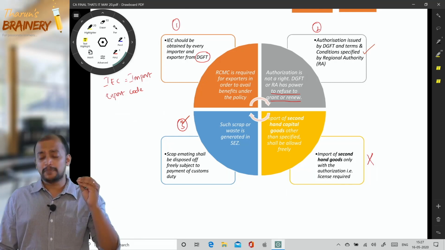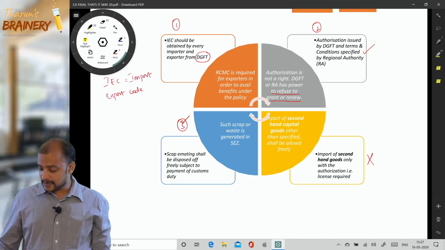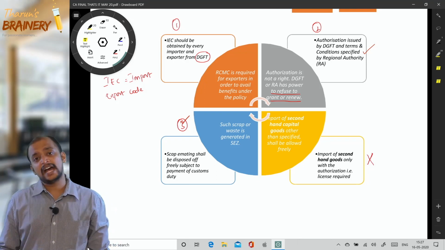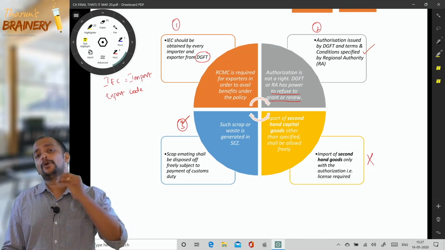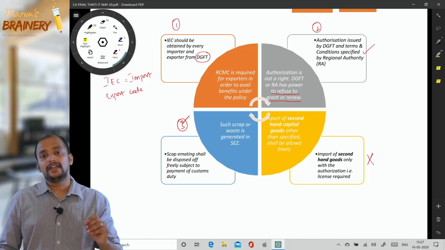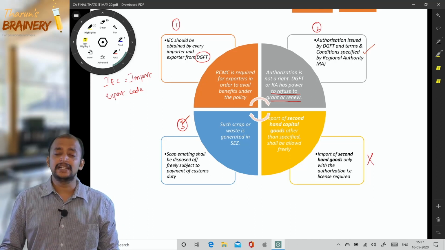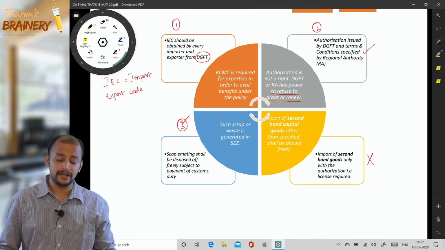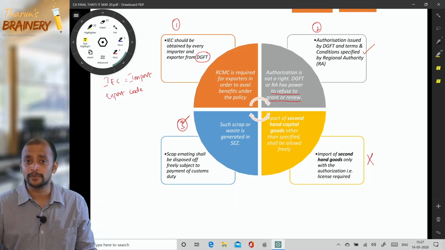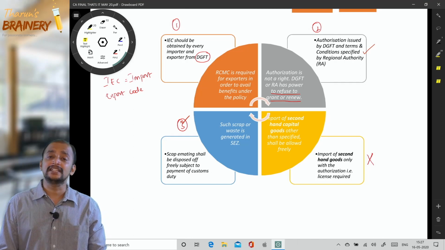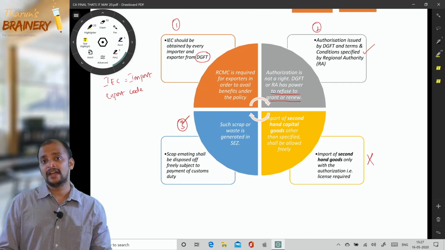Now, there is a special economic zone here. That special economic zone has sold some goods in domestic tariff area. Now, in this case, is it considered as deemed import for the person in domestic tariff area? Yes, it is considered as deemed import and customs duty along with IGST is payable.